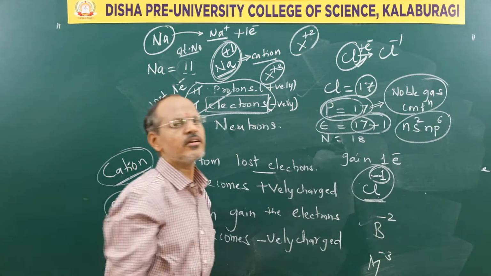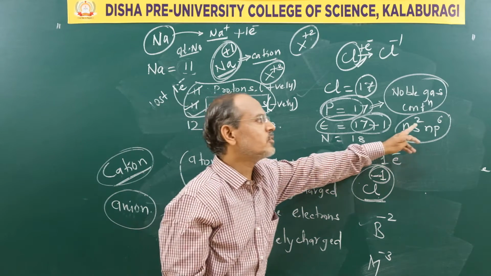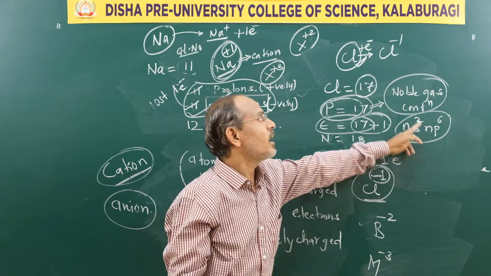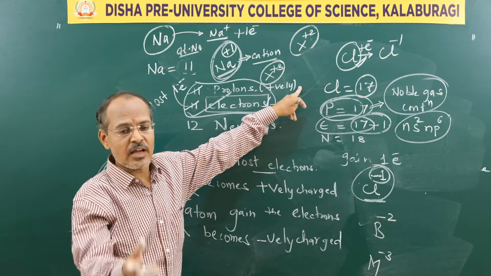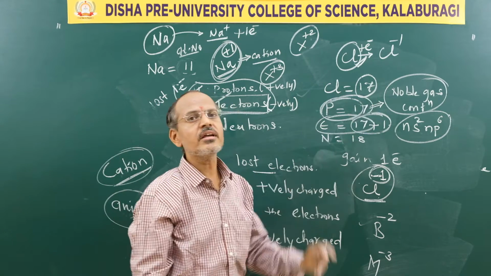Every element wants to have ns2 np6 configuration. That's why they either accept electrons or give up their electrons.